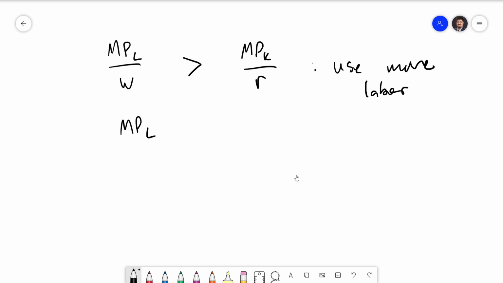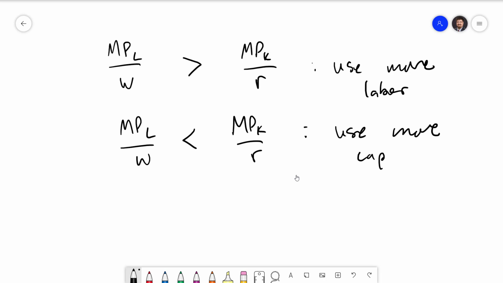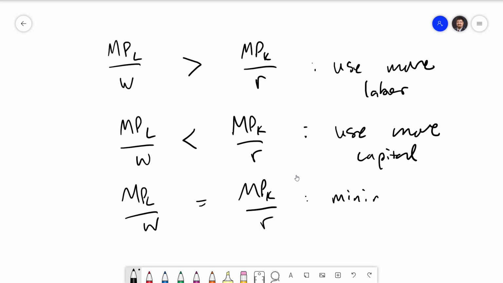Similarly, if the MPL over W is less than the MPK over R, this tells us to use more capital. The only case left is if the MPL over W is equal to the MPK over R, and this tells us that we have minimized cost. We can't improve upon that allocation.